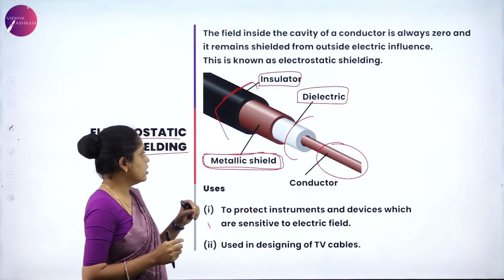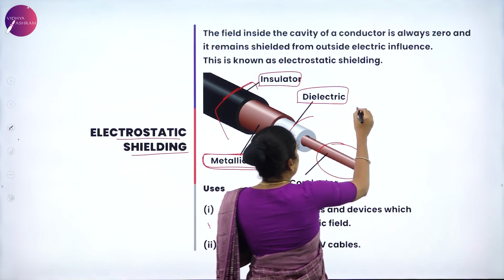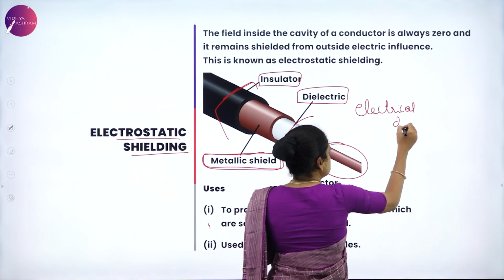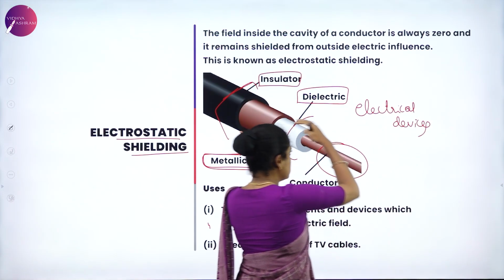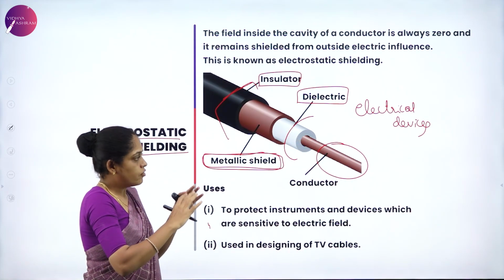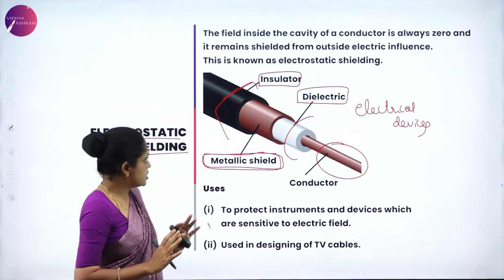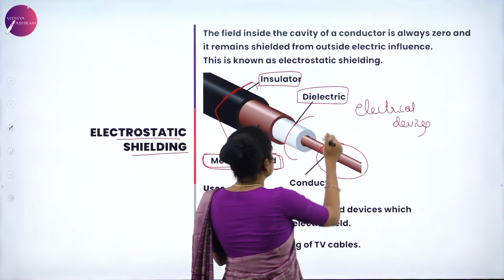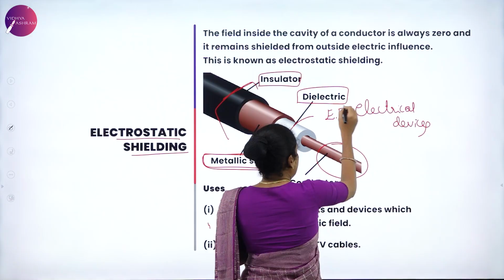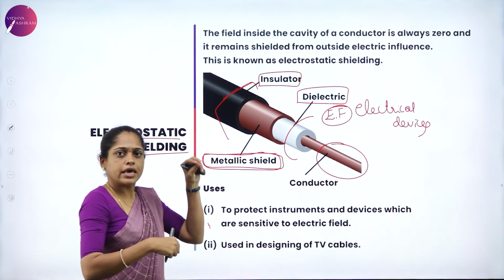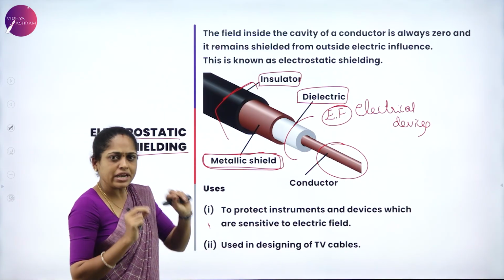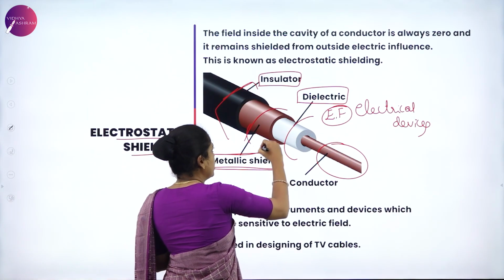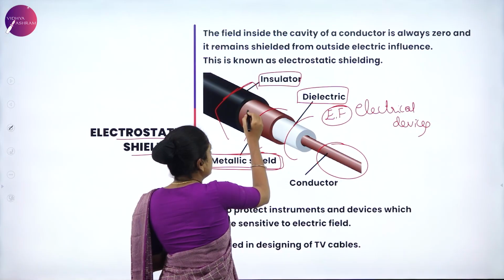Let us know that. Whenever, due to other electrical devices nearby this TV cable, there will be many other devices or cables. Due to those cables, there will be an electric field. Let us consider that as the external electric field. Due to that external electric field, in this metallic shield, the charges rearrange.